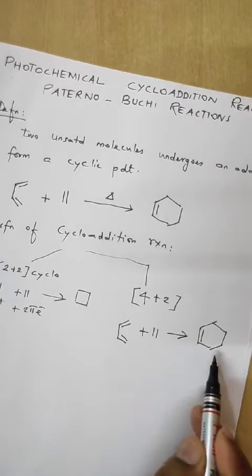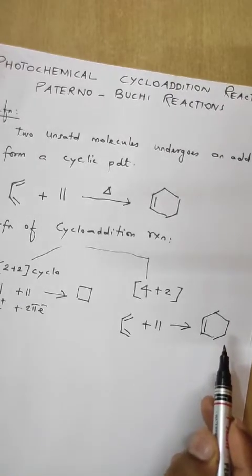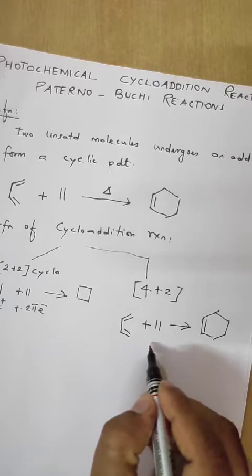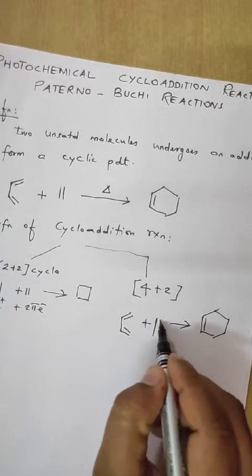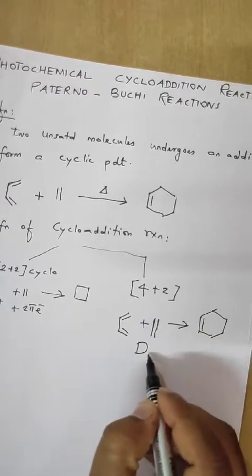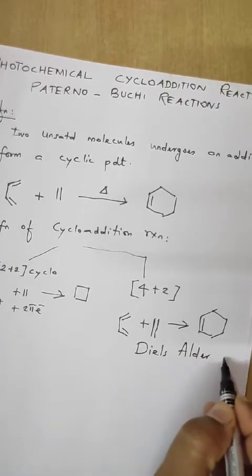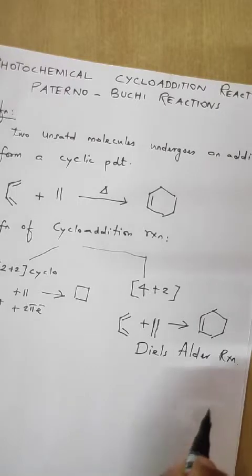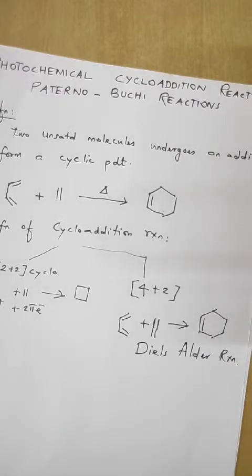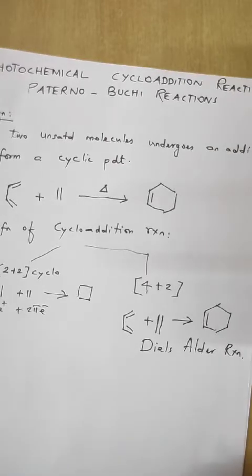There is a formation of a cyclic product. The famous reaction we call this is, what is this? Diels-Alder reaction. Okay.